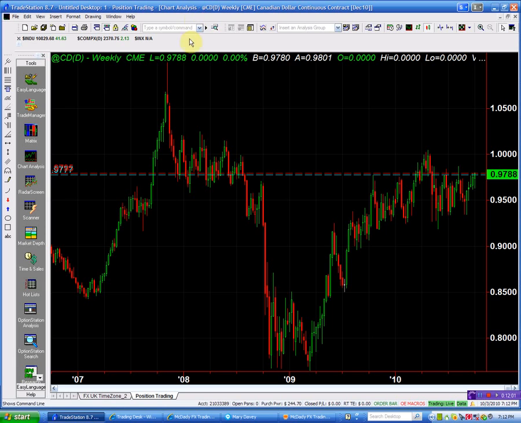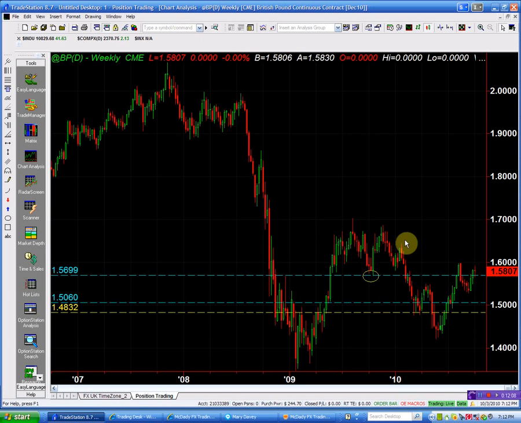And if I look at the British pound, it has slid off. It has closed inside. So yes, the British pound is weaker as a technical formation than the Canadian. So in our hierarchy, the Aussie is number one, the yen is number two, the Canadian is number three, and the pound is number four.